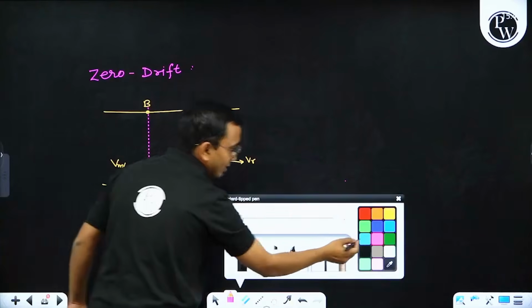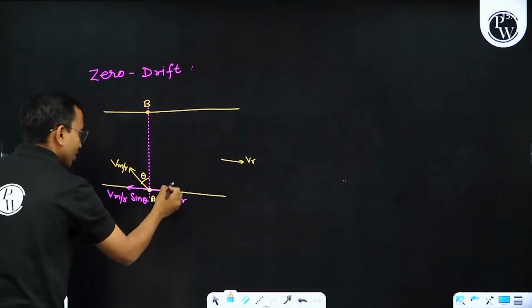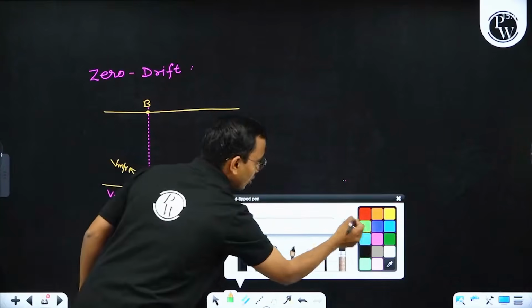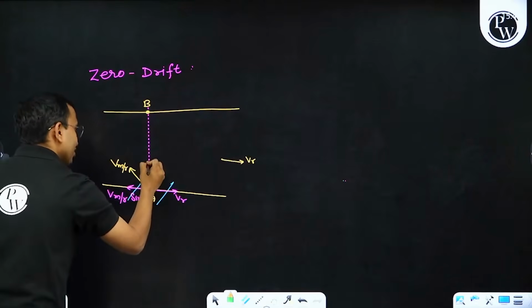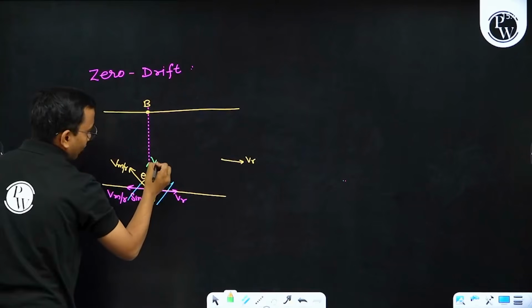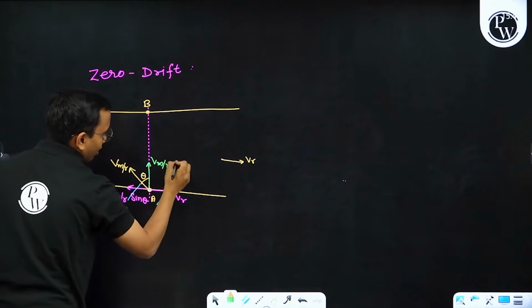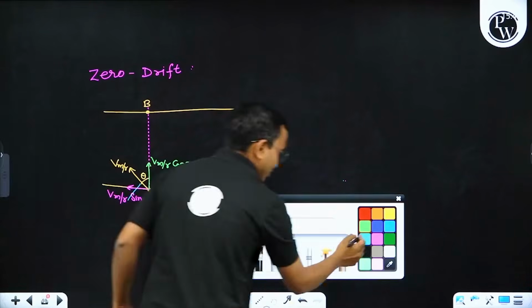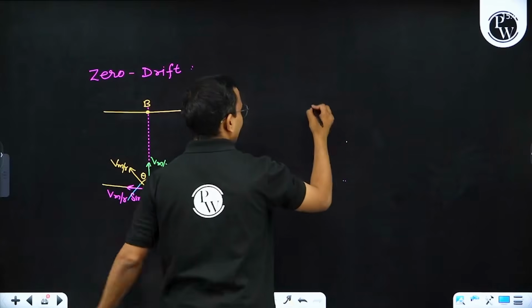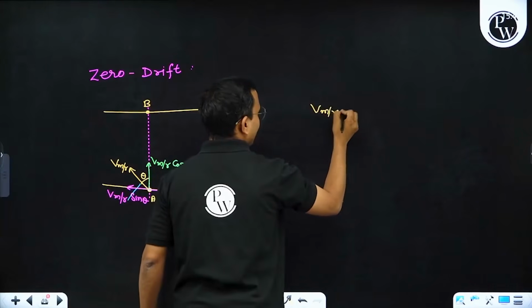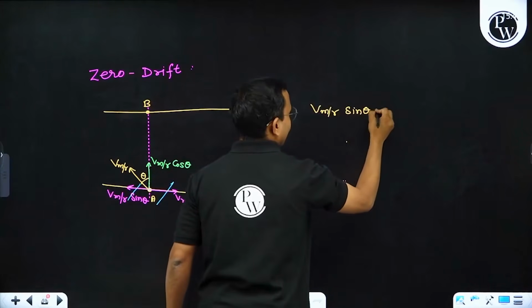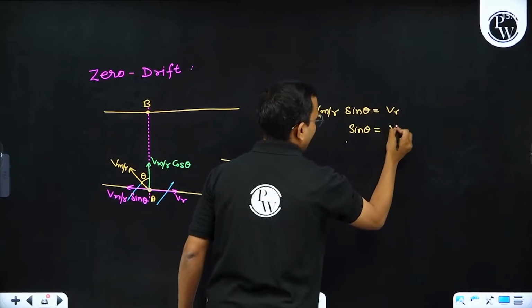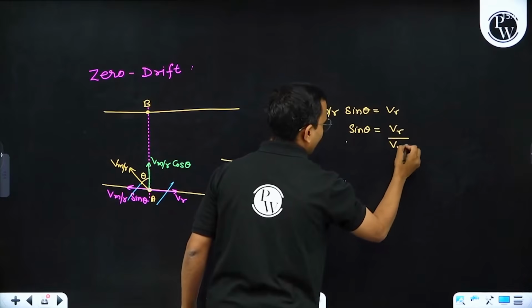These two components need to cancel each other, then only the person will move in the upward direction with a velocity of man with respect to river cos theta. So the condition for zero drift is velocity of man with respect to river sine theta equals velocity of river. So sine theta, with the vertical, is velocity of river divided by velocity of man with respect to river.